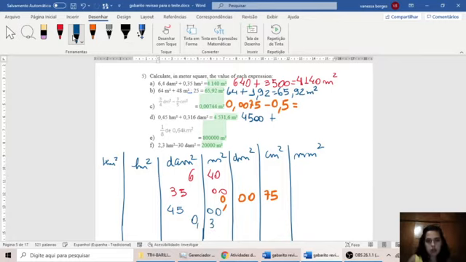So I have this, right? So it's 31.6 meters square. And I have to erase the last one here. Then I have 4,531.6 meters square. Let's move on.